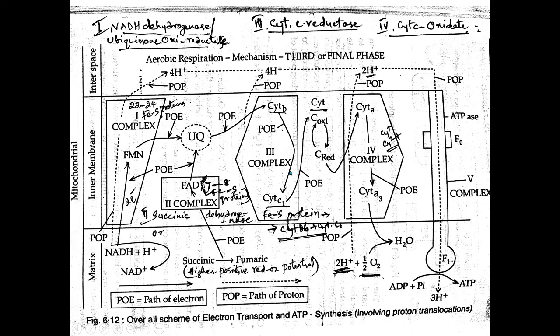While these electrons are transferred in complex 3, four more protons enter into the intermembranal space. In step 1, complex 1, four protons enter the intermembranal space. In the same way, in complex 3 also, during the transfer of electrons from cytochrome B to cytochrome C1, four protons from the mitochondrial matrix enter into the intermembranal space.